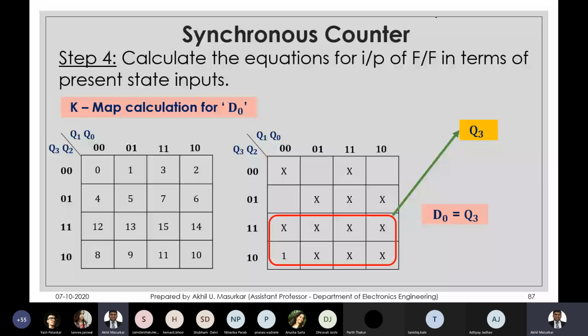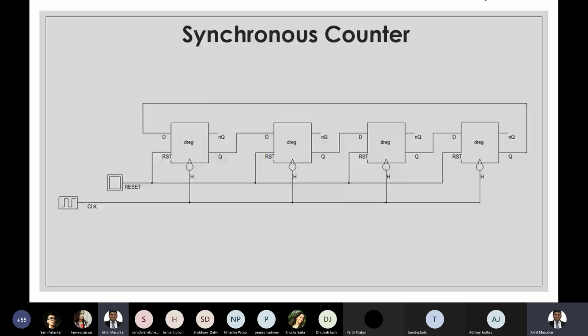Okay, so let's go to the circuit of this. This is a very simple circuit. First you will draw 4 flip-flops D0, D1, D2 and D3. These are the outputs Q0, Q1, Q2 and Q3, and these are the inputs D0, D1, D2 and D3. You can see that D1 is equal to Q0, that is why Q0 is directly connected to D1.